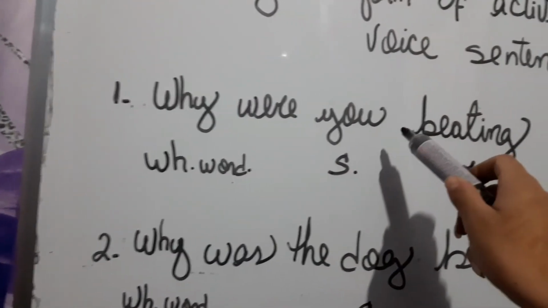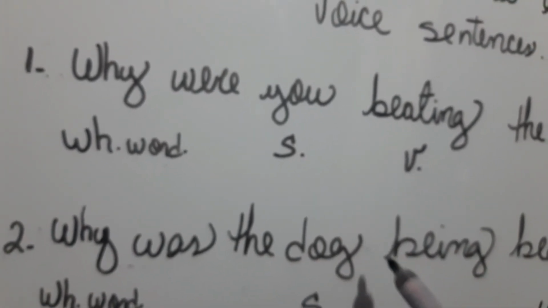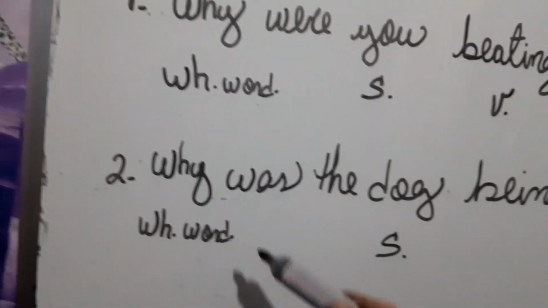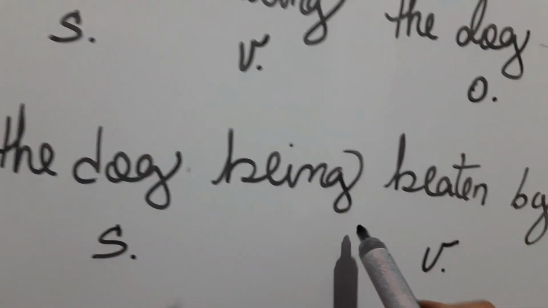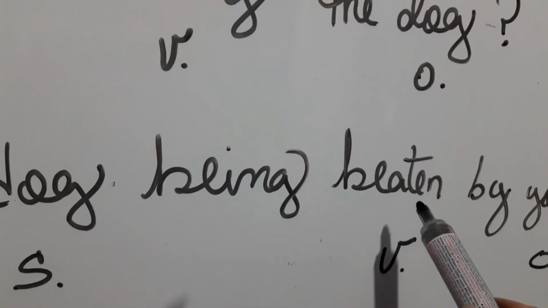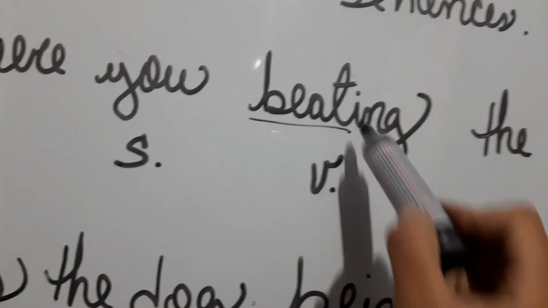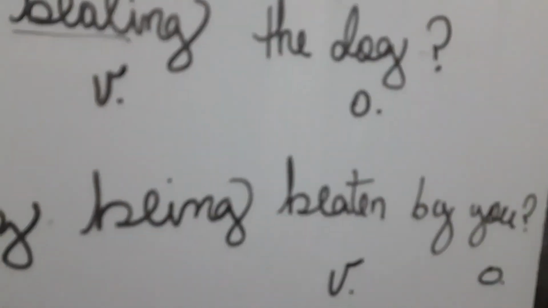To convert this active voice sentence into the passive voice sentence, we have to place first the WH word, then the was or were, then the subject, then being. After that, we add the third form of the verb. The verb is beat, so its participle is beaten.